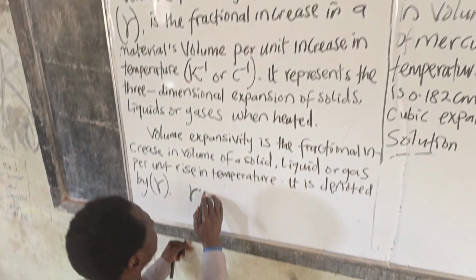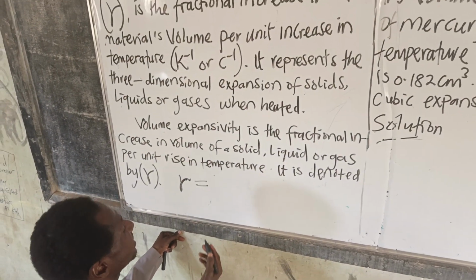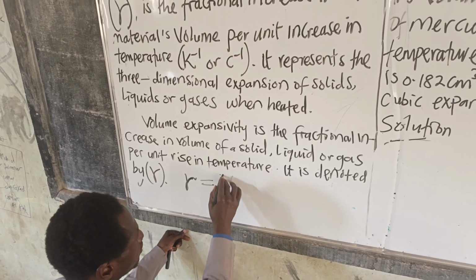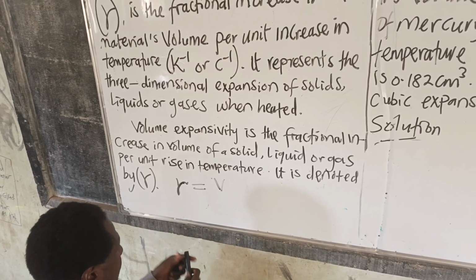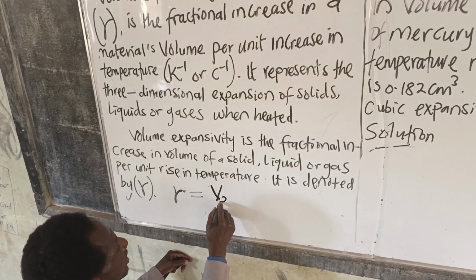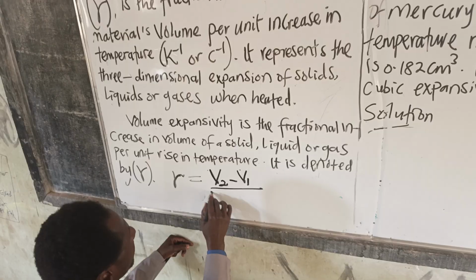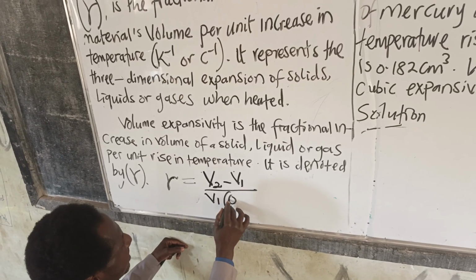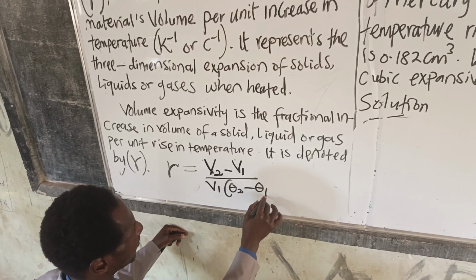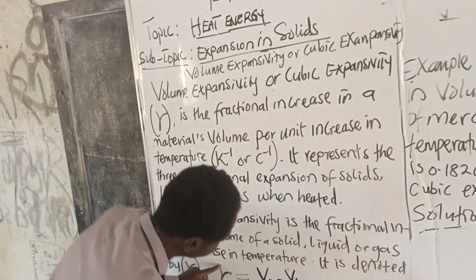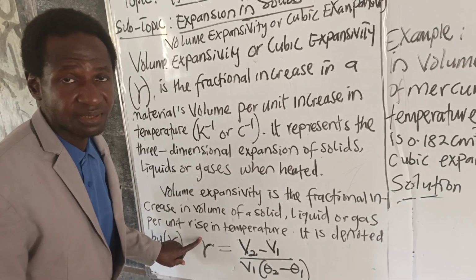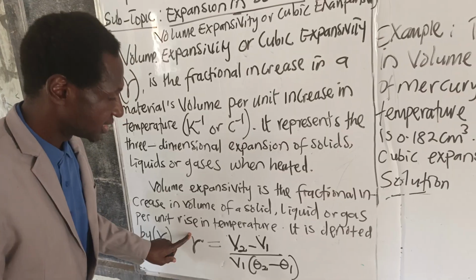This volume expansivity is the same thing as B2 minus B1 all over B1, then theta 2 minus theta 1. So that is the formula for calculating volume expansivity.